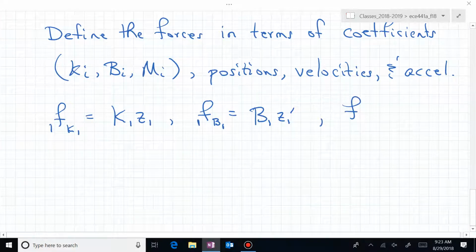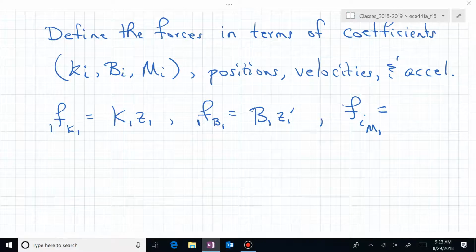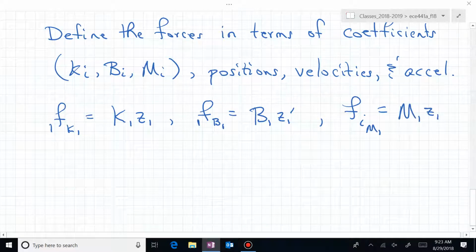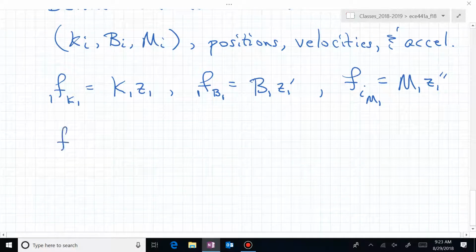What's F sub I sub M sub 1? That's Newton, isn't it? That's mass times acceleration. That's now M sub 1, Z sub 1 double prime. What about F sub 1 sub K sub 2? I'll do the hard part.